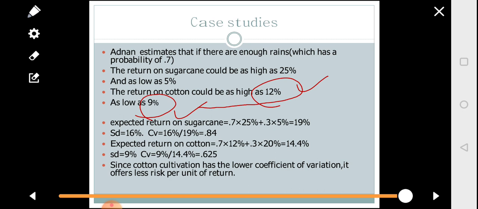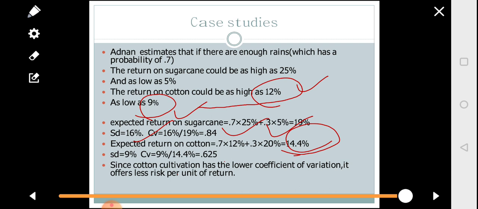So now by multiplying with the probability, if there is enough rainfall and high return, 0.7 into 12%, and if there is low rainfall and low return, that will be 0.3 into 20%. I will get 14.4%. Standard deviation for cotton is 9%. Coefficient of variation is 9% by 14.4%, equal to 0.625.